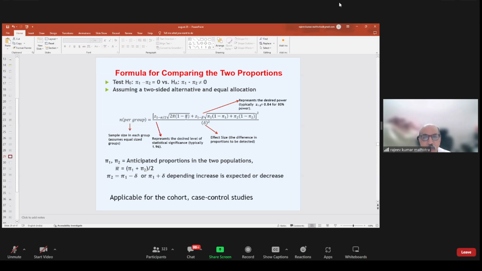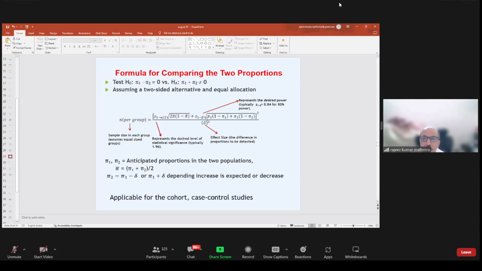This is for equal allocation, where n is per group: Z1 minus alpha by 2 times the square root of 2 pi bar (1 minus pi bar). What is pi bar? Pi bar is the anticipated proportion in the first group plus the anticipated proportion in the second group, divided by 2. It is the average of the two anticipated proportions.